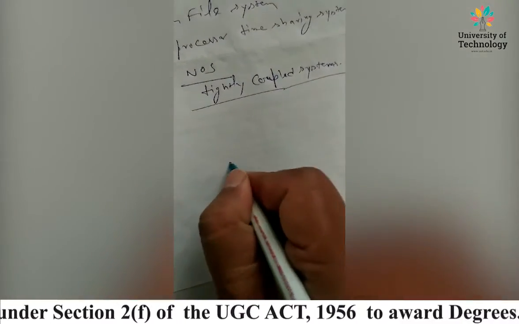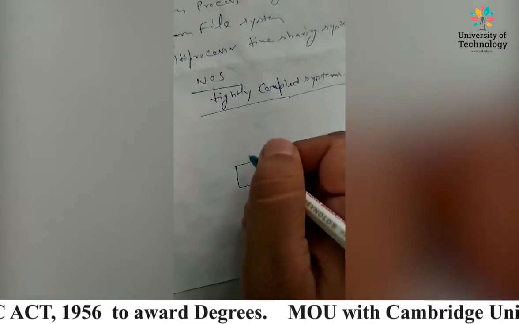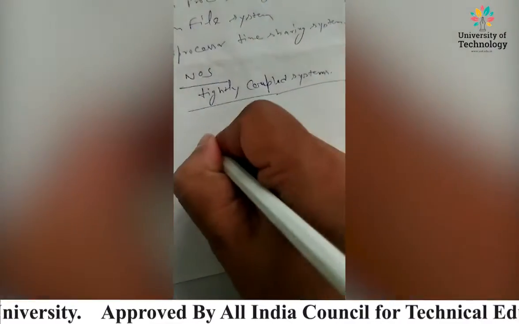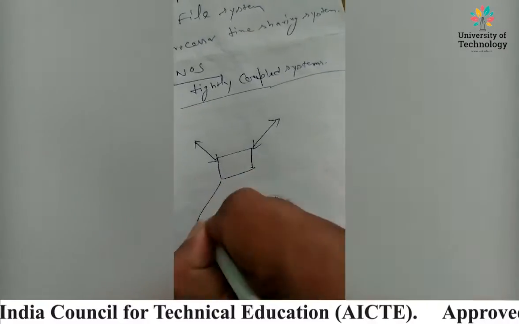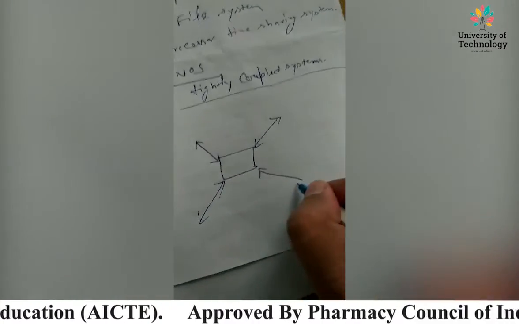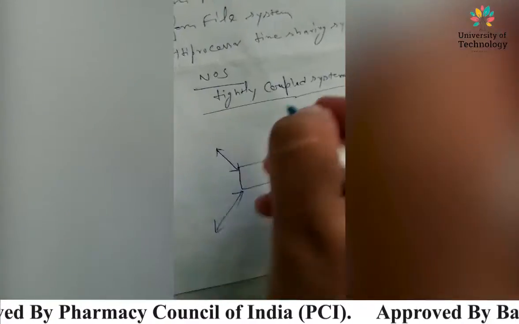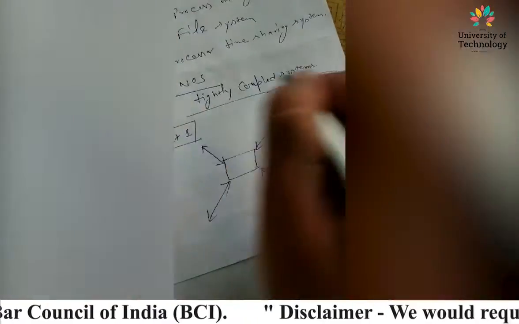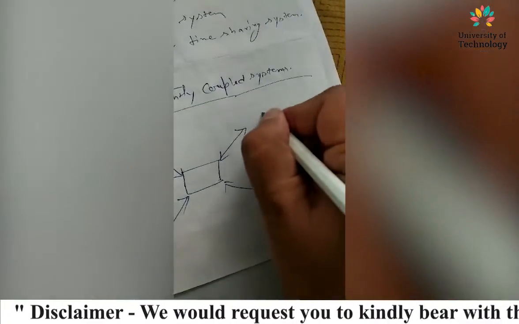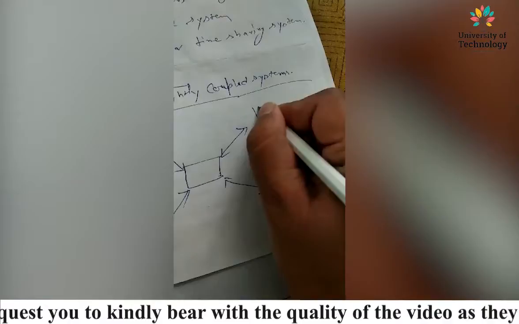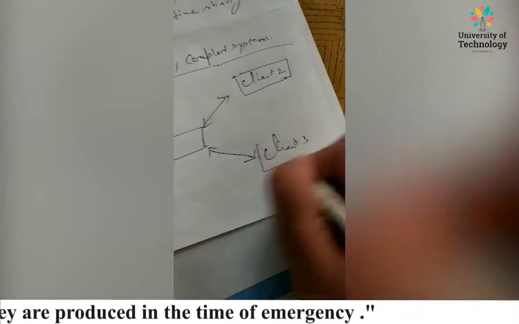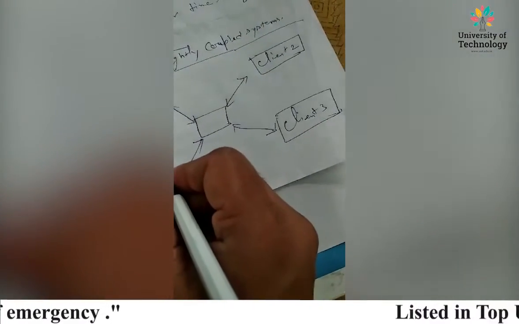If we go through the diagram, suppose that client 1, client 2, client 3, and client 4.